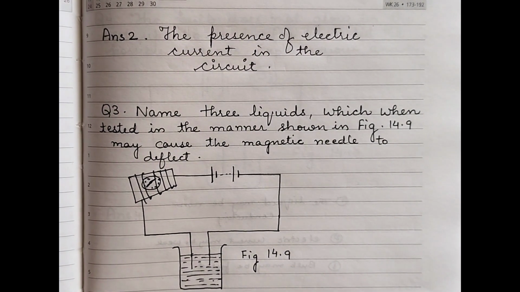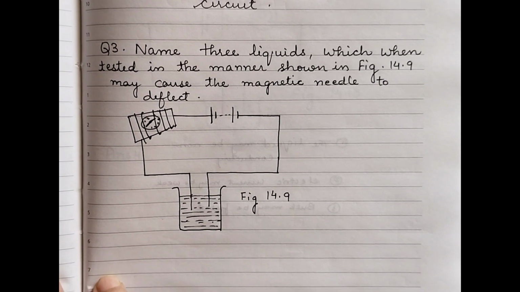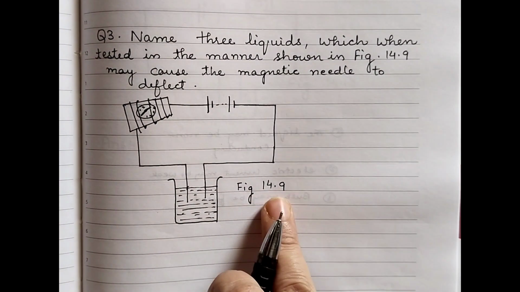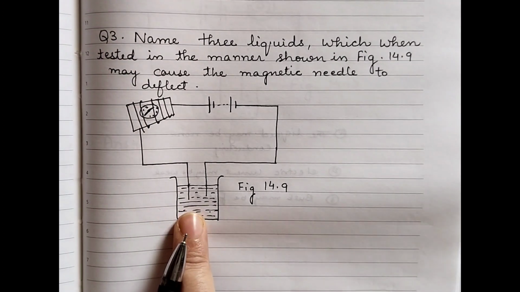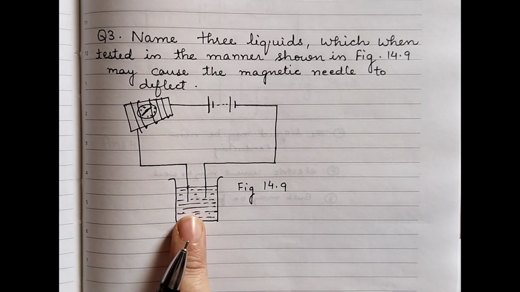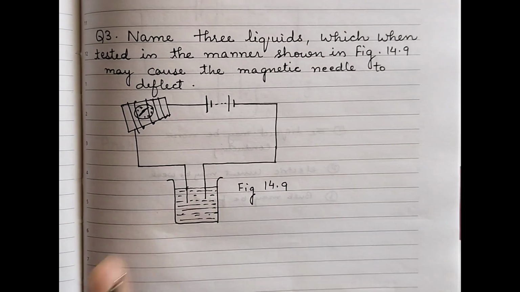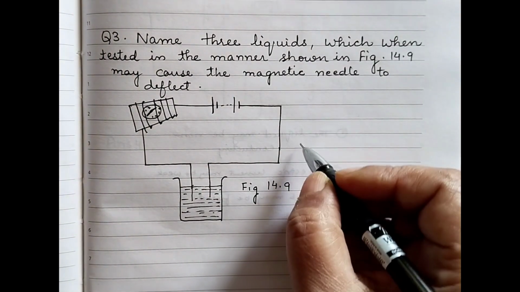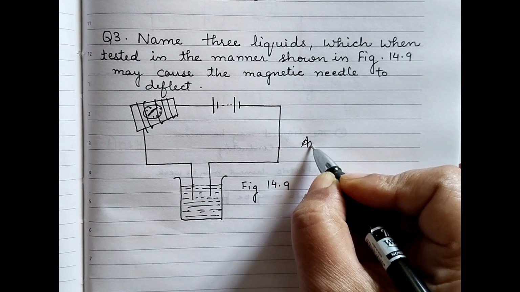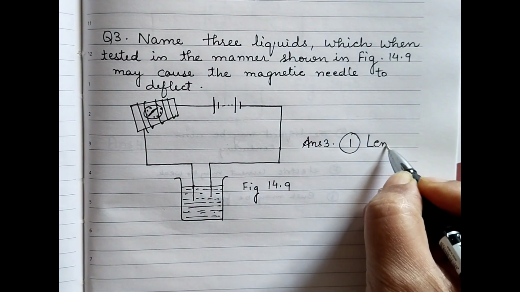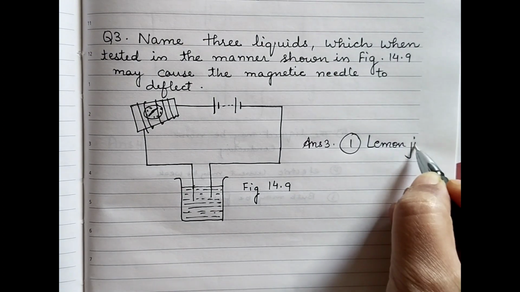Question number 3. Name 3 liquids which when tested in the manner shown in figure 14.9 may cause the magnetic needle to deflect. Number 1 is lemon juice.